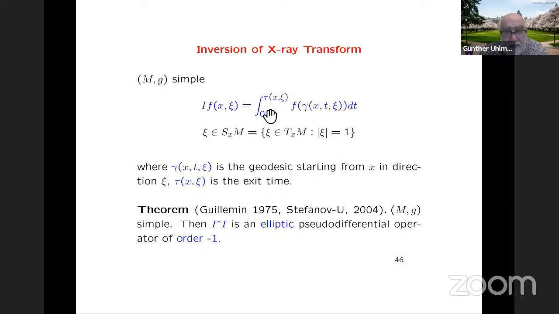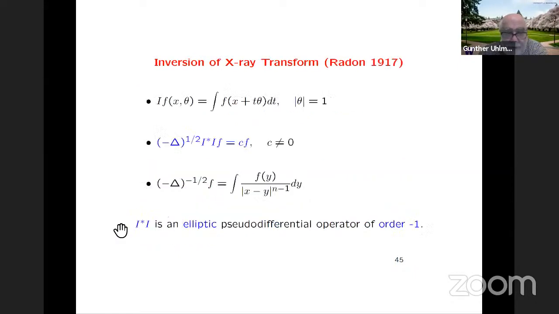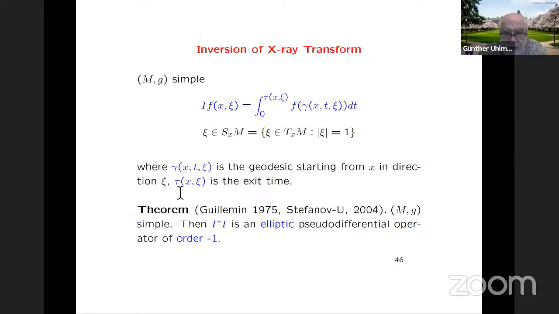Tau is the exit time of the geodesic. And there is a theorem generalizing this formula of Guillemin originally, and we reprove it to get more explicit inversion formulas. This is an elliptic pseudo-differential operator of order -1.